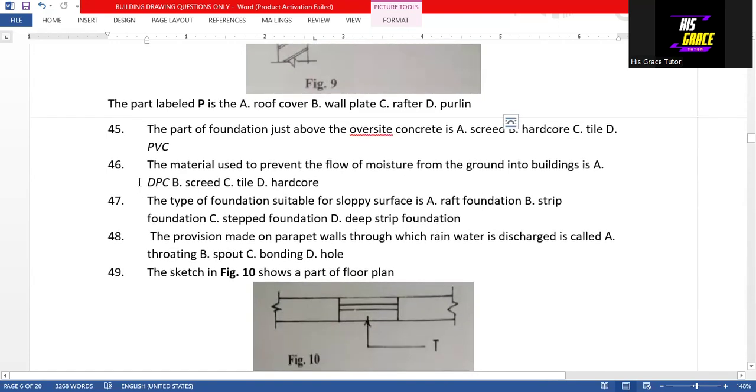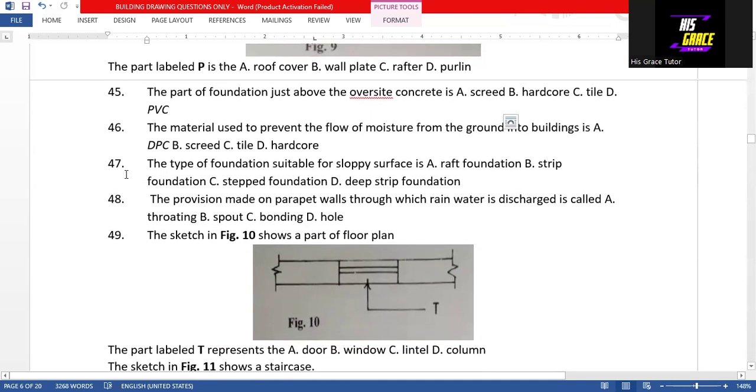Then question 46: the material used to prevent the flow of moisture from the ground into the building is DPC, damp-proof course. That is option A, the answer to question 46. Then question 47: the type of foundation suitable for a sloppy surface is a stepped foundation. Option C is the answer to question 47.